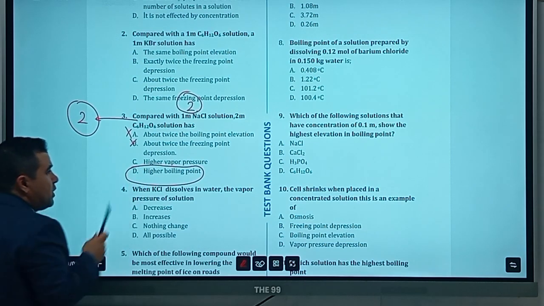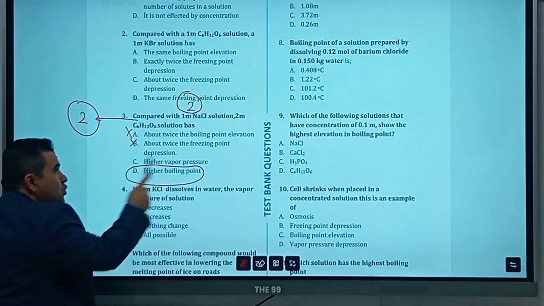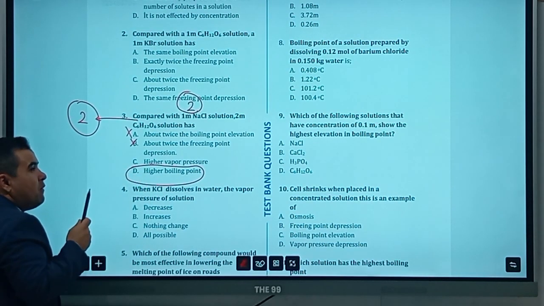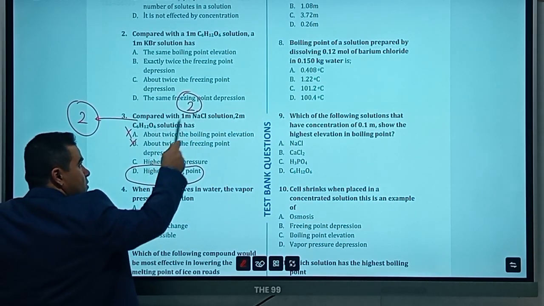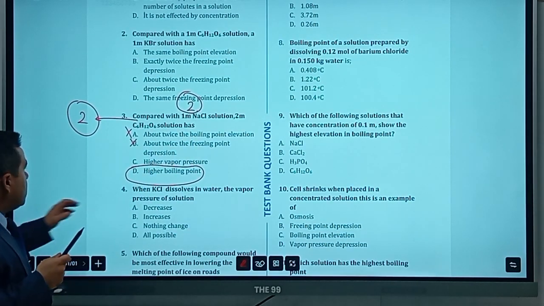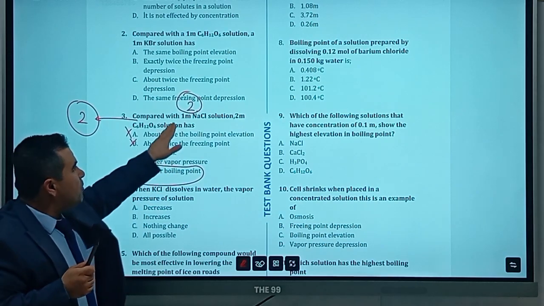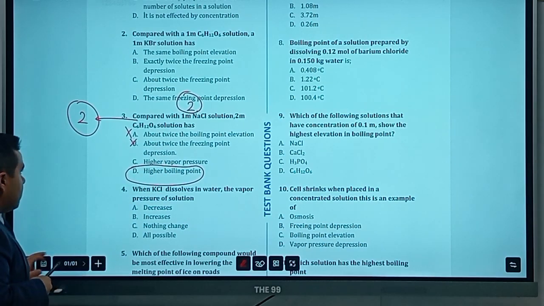But higher vapor pressure, guys, which one has the higher vapor pressure? Of course, the one with the lower effective concentration. And this has a low effective concentration. So it's not true. So the sugar has a higher boiling point compared with the NaCl.